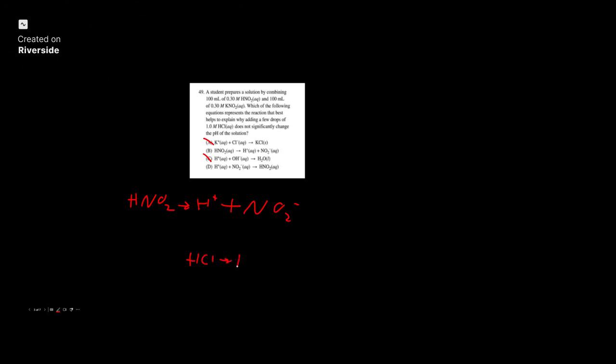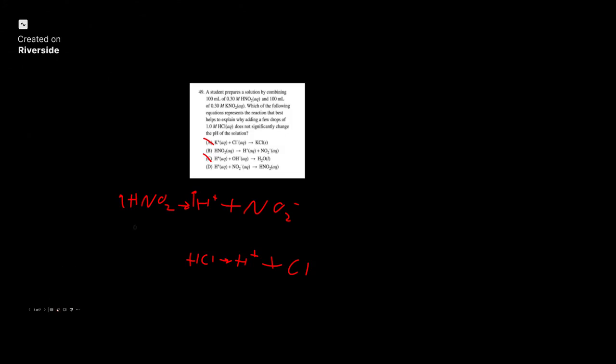Therefore, it's going to dissociate fully to H plus and Cl minus. Therefore, if we increase the H plus, due to Le Chatelier's principle, this will increase your reactants, because we're increasing the products. So there's going to be more HNO2, which will actually increase the pH, okay?